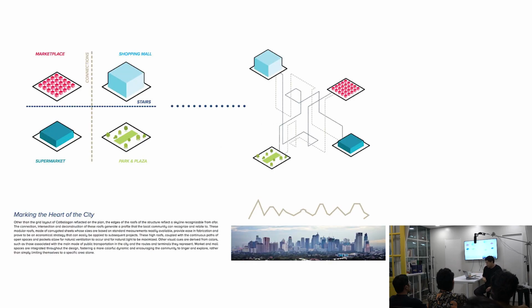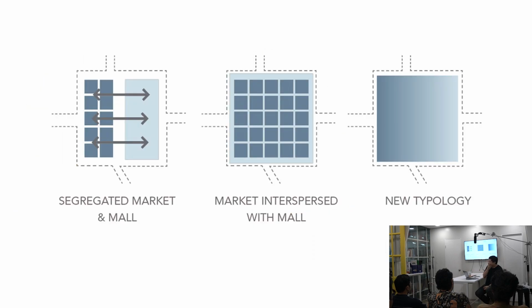So this was a project we did for Primark, and it was about reimagining what a market is, right? And so usually when you have a project like this, you end up segregating the market space and the shopping space, right? And so what we thought was that instead of segregating them, what if we interspersed the shopping space with the market space?